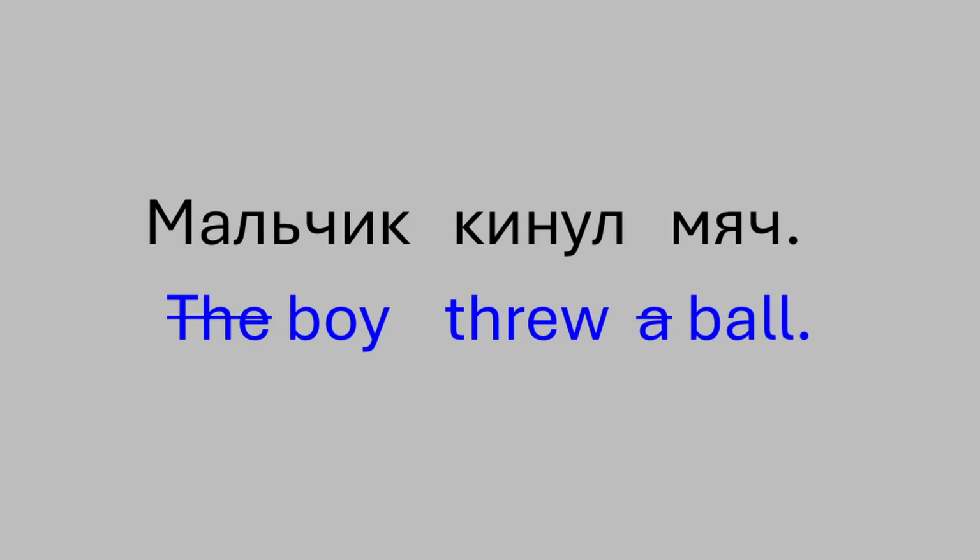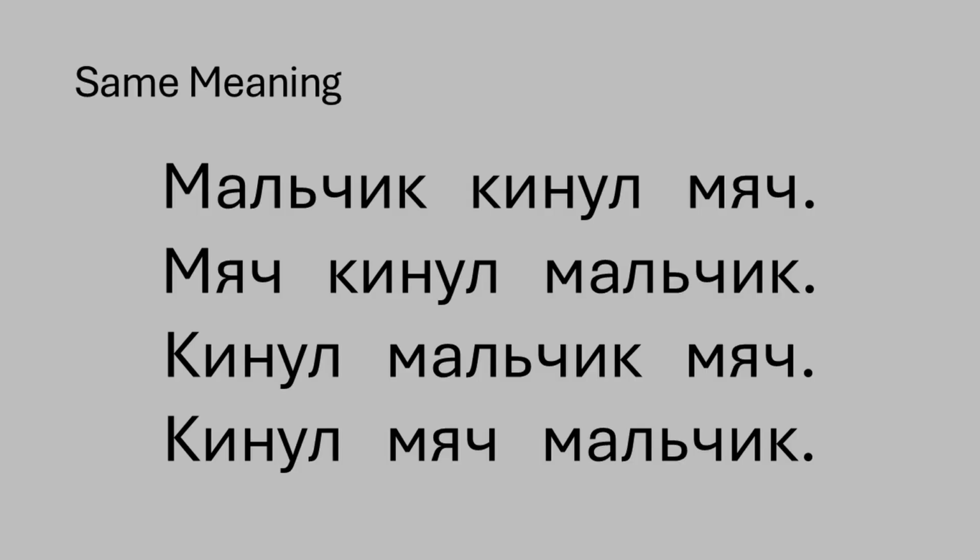So if we take our example sentence we used earlier, the boy threw a ball. Мальчик кинул мяч. If I rearrange it and say мяч кинул мальчик, where the direct object is the very first word in the sentence, it's still legitimate.